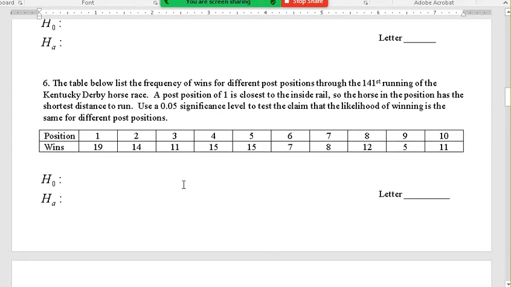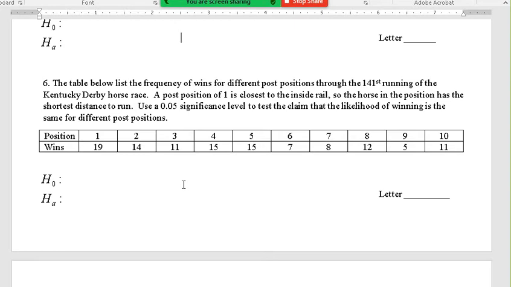The table below lists the frequency of wins for different post positions through the 141st running of the Kentucky Derby. A post position of 1 is closest to the inside rail, so the horse in this position has the shortest distance to run. Okay, so you got 10 post positions represented here.